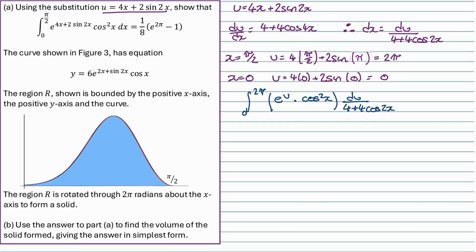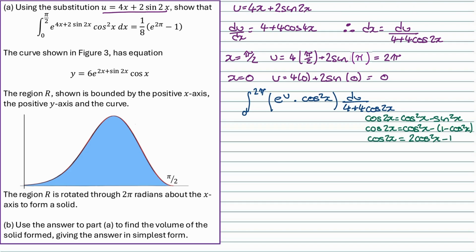So what we need to do now is work out how this cos 2x and this denominator will cancel. Well, the first thing I can do is factor out the 4 from this denominator. Then we can write cos 2x in terms of cos squared x. We know cos 2x, using the double angle formula, will be cos squared x minus sin squared x. And we can write sin squared x in terms of cos squared x, and then we can expand out this bracket.